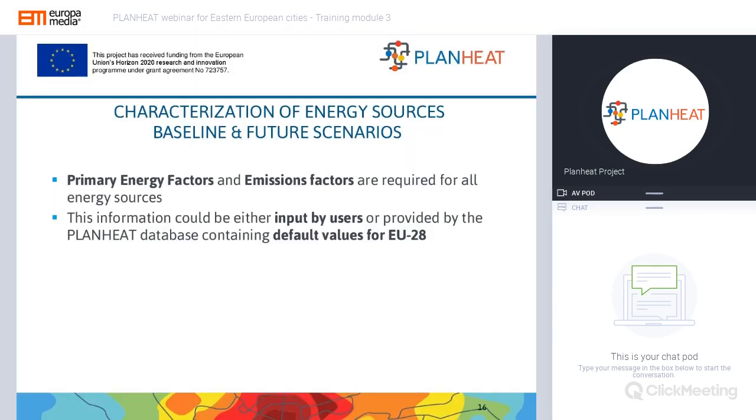So, characterization of energy sources for baseline and future scenarios requires, for all energy sources, primary energy factors and emission factors. This information actually could be input by the users themselves, but if it is not available, then the PLANHEAT database contains the default values for the whole EU 28 region.